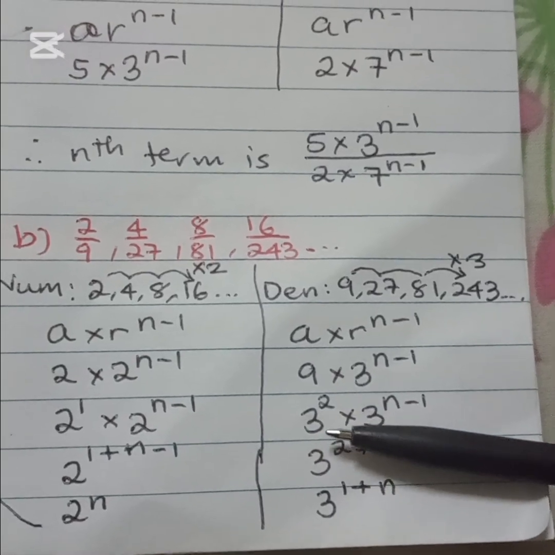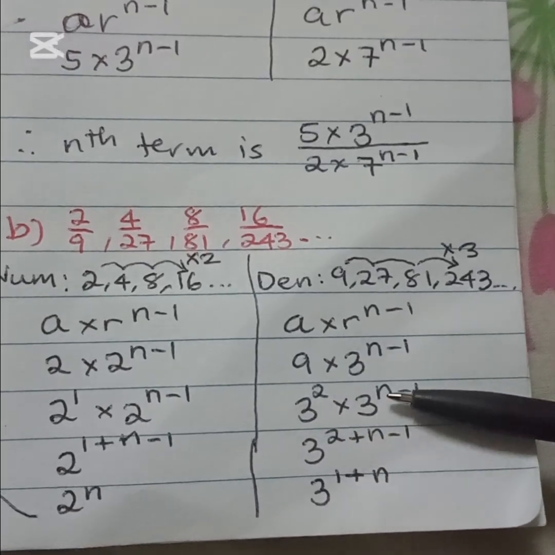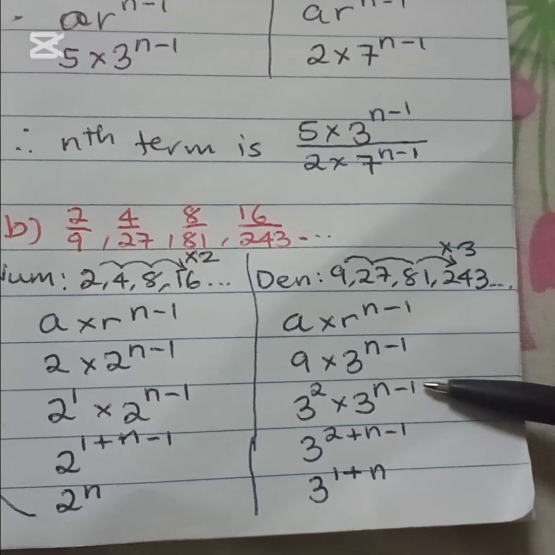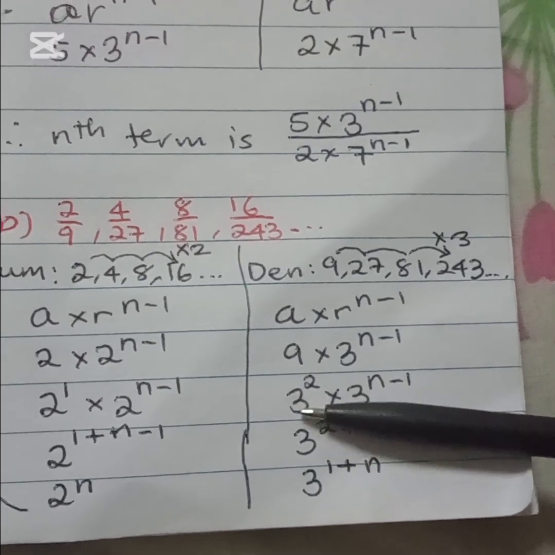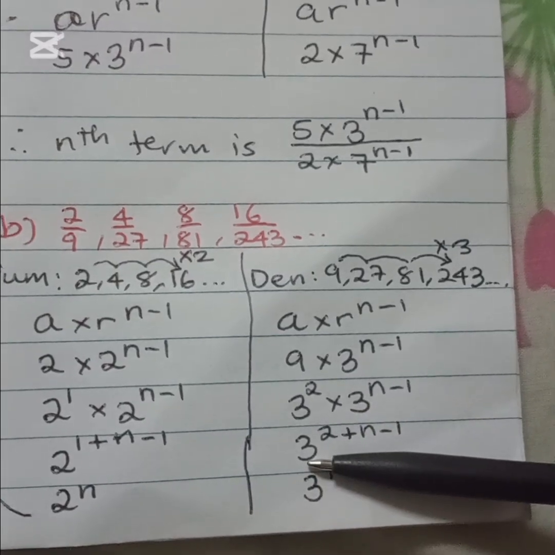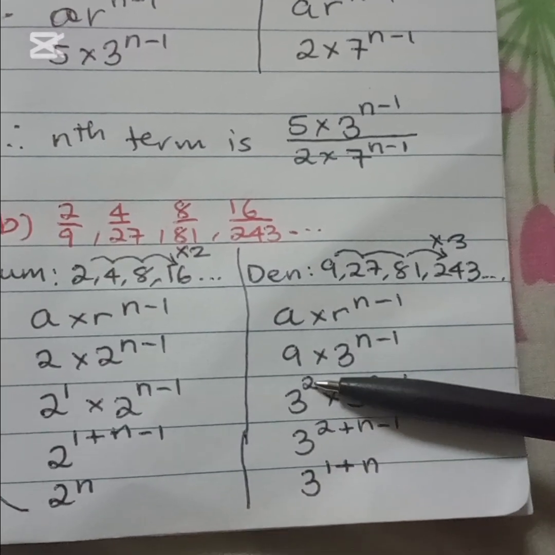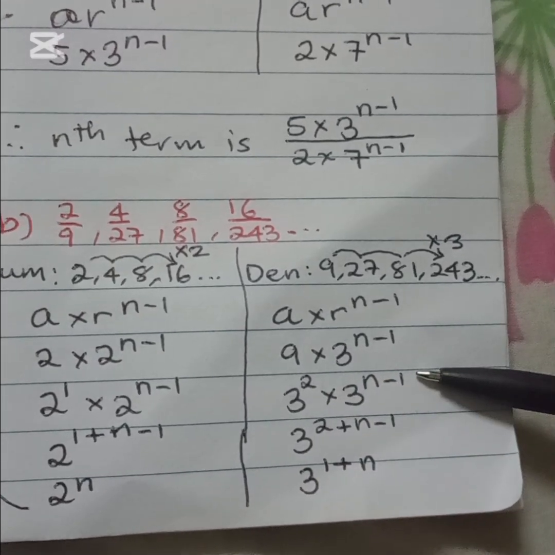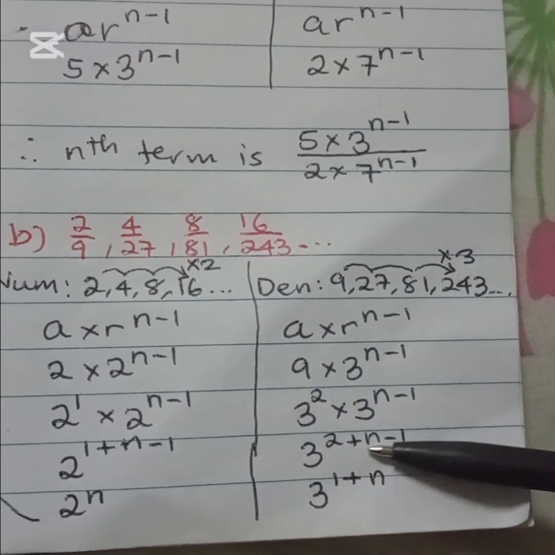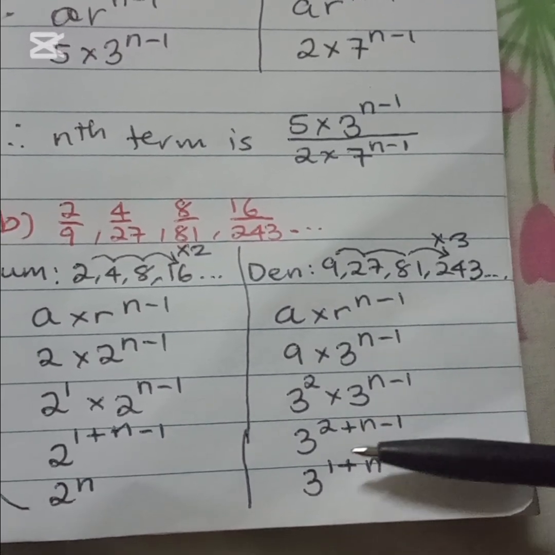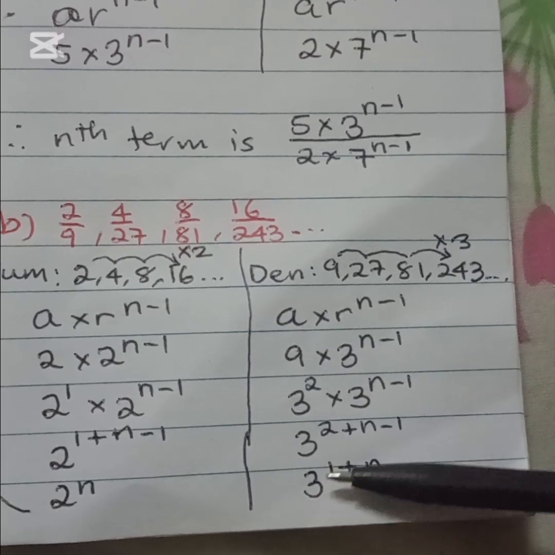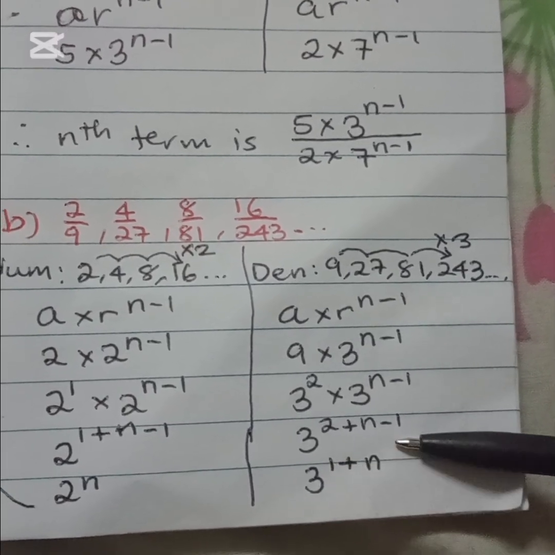So 3 squared times 3 to the power n minus 1. Now we have two same bases multiplying, so write the common base down and we add the powers: 2 plus n minus 1. And collecting like terms, 2 minus 1 is 1. So we have 3 to the power 1 plus n.